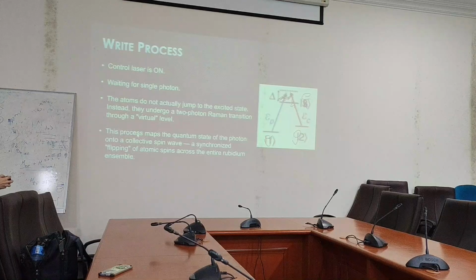First, the control laser is on, and then this red one, and then the atoms do not actually jump to the excited state. Instead, they undergo a two-photon Raman transition through a virtual level. This process maps the quantum state of the photon onto a collective spin wave, a synchronized flipping of atomic spins across the entire rubidium ensemble.